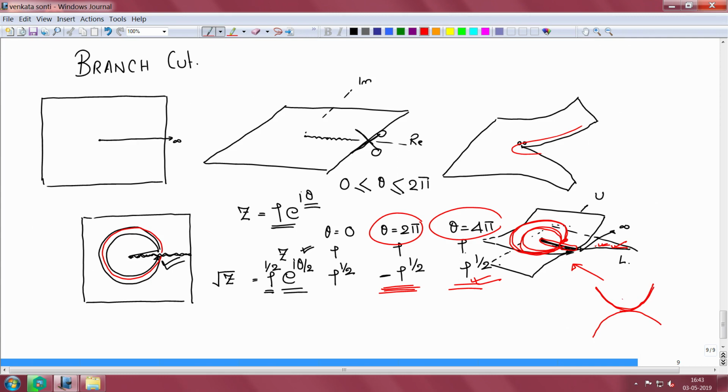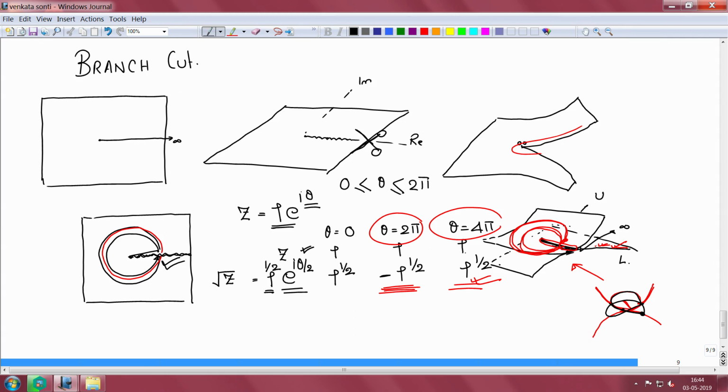So, this line is here, origin to infinity. I start over here, I go around, and I am ready to enter the lower plane. Okay, I enter the lower plane. This is the lower plane. I go around on the lower plane, I come over here, I am ready to enter the upper plane.